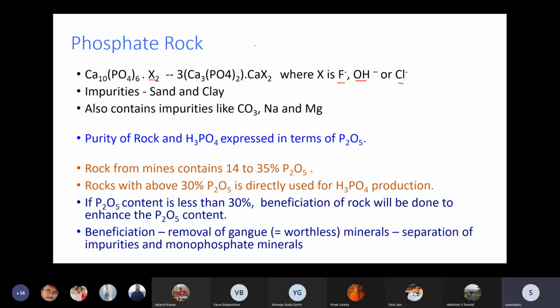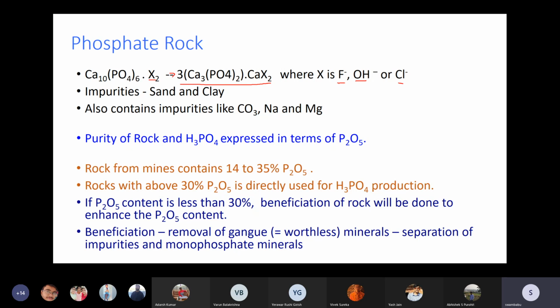This phosphate rock formula can be expressed typically in this form: Ca3(PO4)2 and CaX2. So this X could be fluoride ions like CaF2, or Ca(OH)2, or CaCl2. It could be anything.